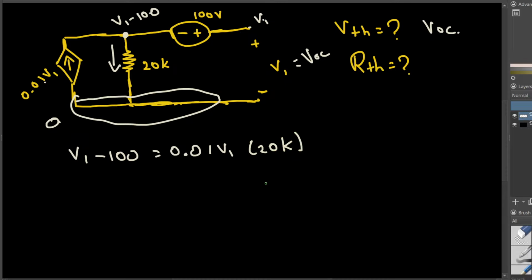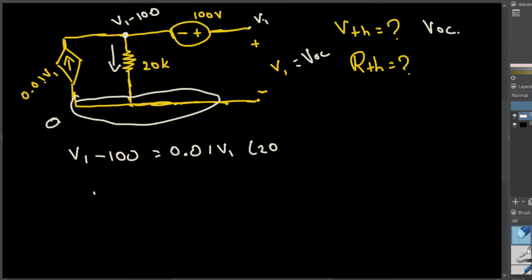Okay, let's try to simplify this. To get rid of the decimal points, I could multiply everything by 100, but instead, here we have a K. K means 1000, right?